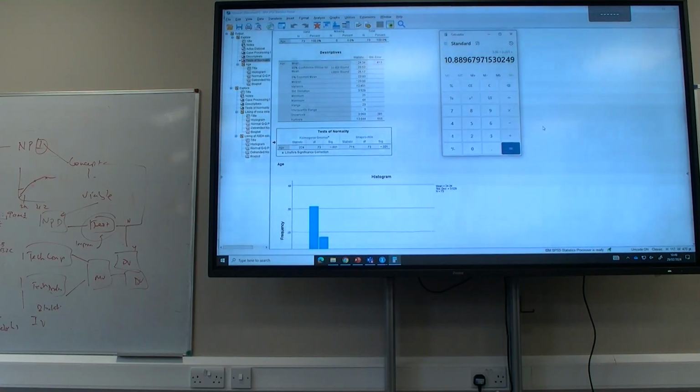So those two columns in your descriptives table. Do skew first, and we'll check whether skew is significant. So 3.06 divided by 0.281.